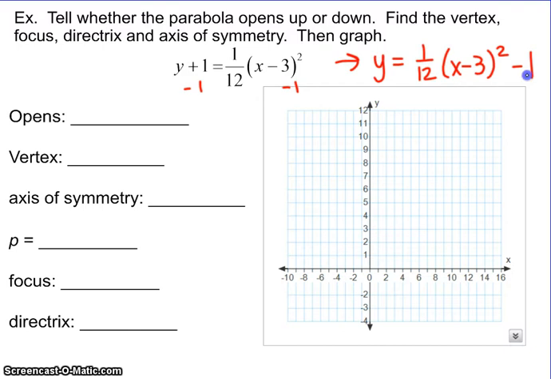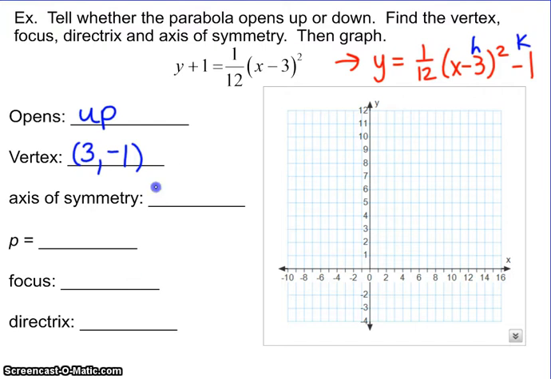When you create your table for this, you would type in 1/12 x minus 3 squared minus 1. Now remember, you always want to start your table at your vertex. So the vertex is 3, -1. Remember h, k from the vertex form of a parabola. Now because the 1/12, the number out front of the parentheses, is positive, it should open up.